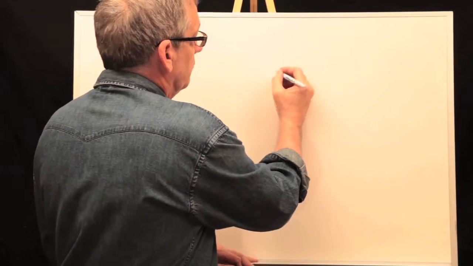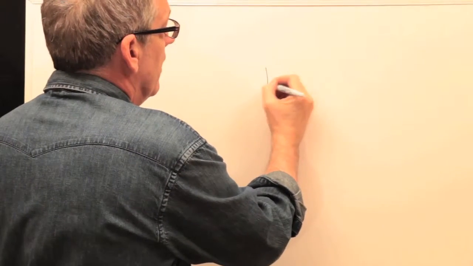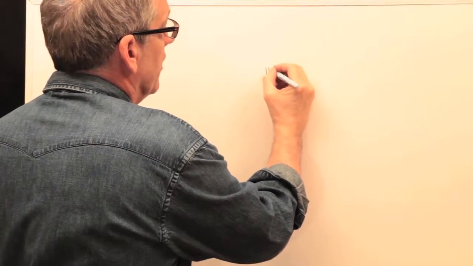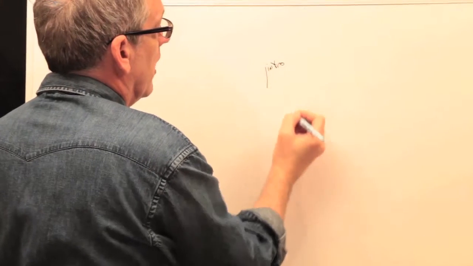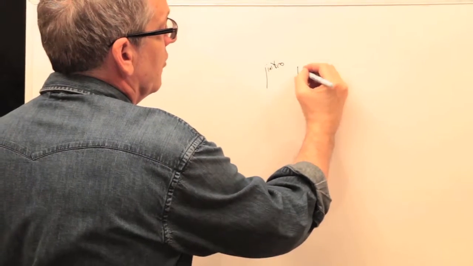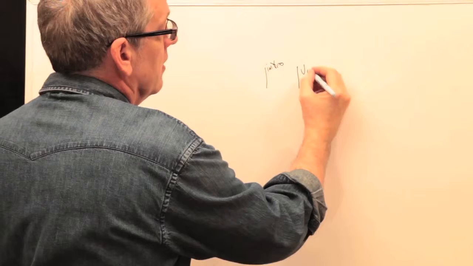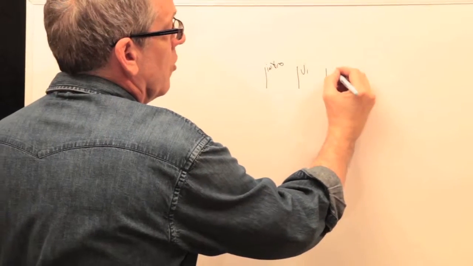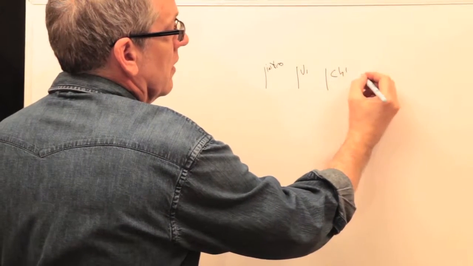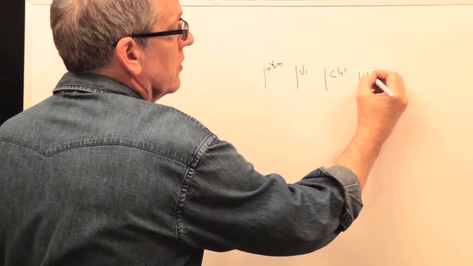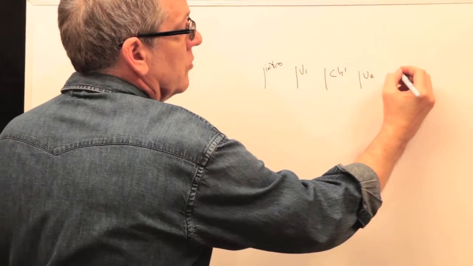So let's say here's our song, and we have an intro, okay? And then we have a verse 1. And then we have a chorus, back to a verse, back to a chorus.